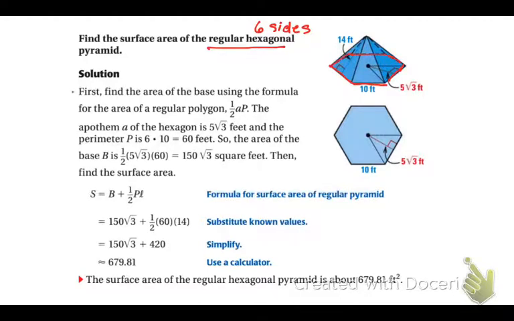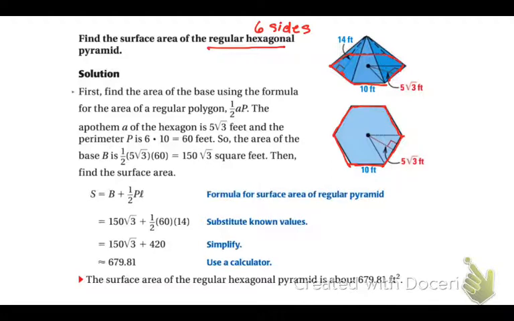What they did, and what I suggest you do, particularly when you're starting out, because the base is so important, is that when you figure out what the base is, when you're given a solid, go ahead and draw it. Just draw the base. Forget about the height for a minute, and that'll help you figure things out.